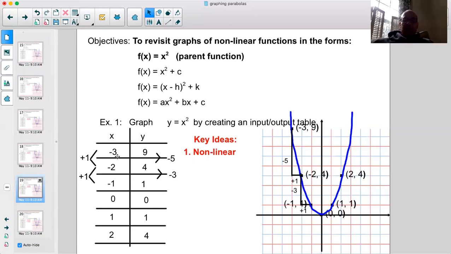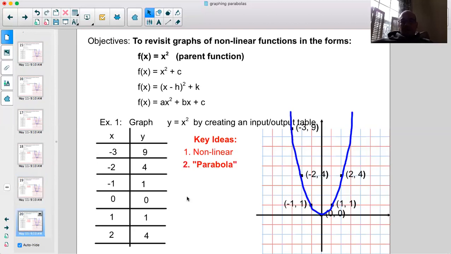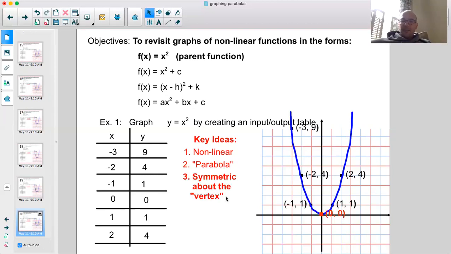When we look at it on a table value, we used to see as you went +1, if you went -5 this time, then the next time you went +1, you went -5 also. That was the mark of a linear expression. These aren't linear. This shape that you end up with is called a parabola. It's U-shaped. There's a lot of symmetry to it. And it's going to be key to try to figure out where this vertex is. The vertex is a word that's describing to this bottoming out point right here. And there's other times it ends up being a topping out point.